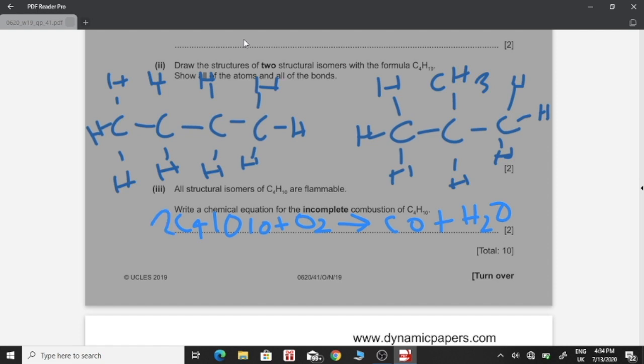You can write 2 over here, 9 over here, 8 and 10. So we have 20 hydrogen atoms on both sides and 18 oxygen atoms, with 4 twos are 8 carbon atoms.